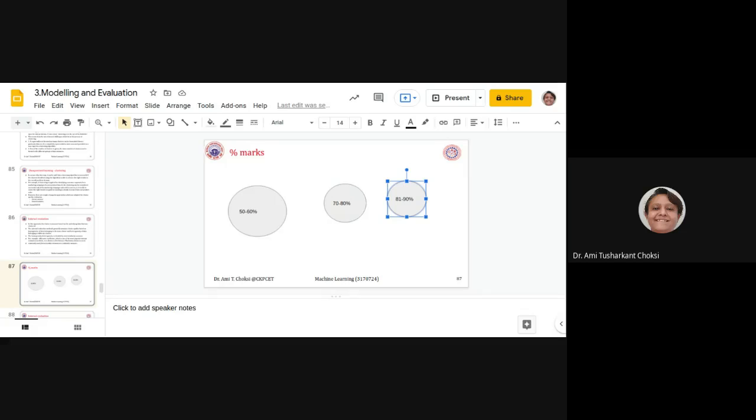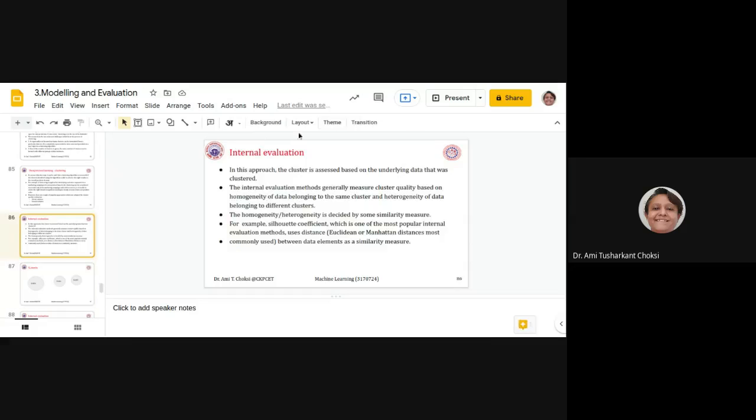Okay, so what about these and this group? Relation, if we are trying to find, obviously they are different. They are different, isn't it? This is 50 to 60 and this is 70 to 80. Different groups are there and they are heterogeneous. Okay. In relation to these two clusters, they are heterogeneous, but inside the cluster, whatever is the data, that is homogeneous. Hope you are clear.